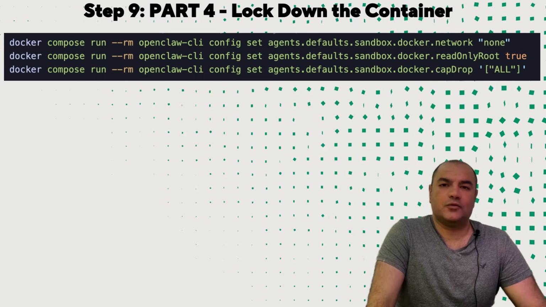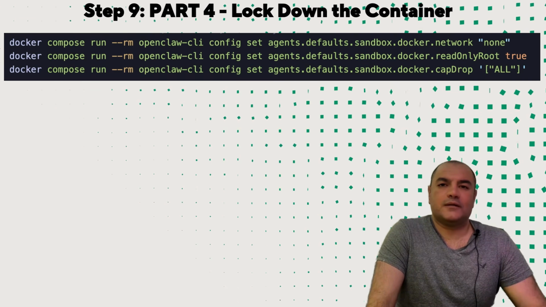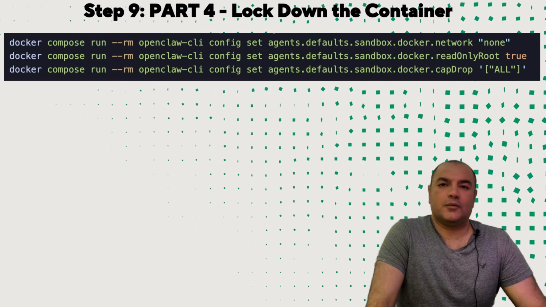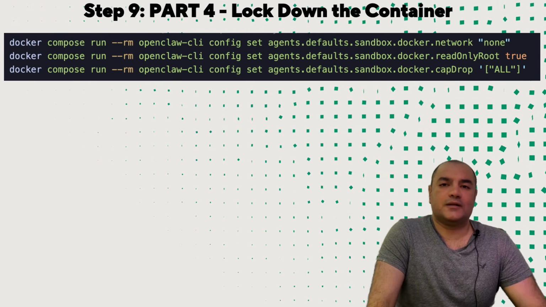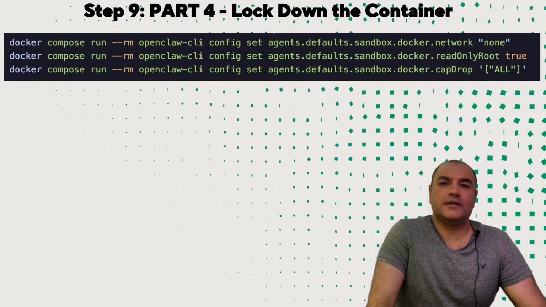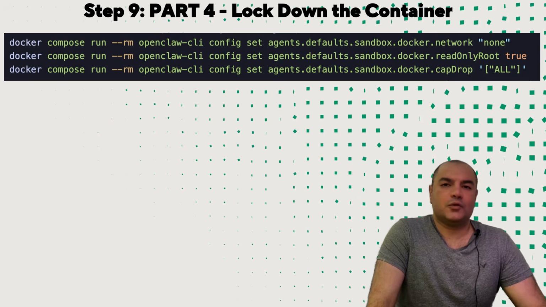Now we apply the real security restrictions. Type these three commands. First line: docker-compose run --rm openclaw-CLI config set agents.defaults.sandbox.docker.network "none".